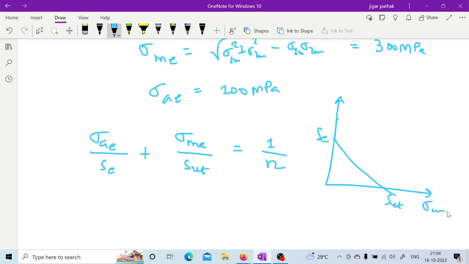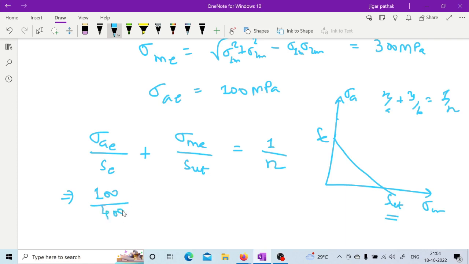This is sigma m and this is sigma a. So x upon a plus y upon b is equal to 1 upon factor of safety. So x is sigma m, and on that the intercept is SUT. On y it is sigma a and the intercept is SE, and then this way if you use 100 upon, what is SE?